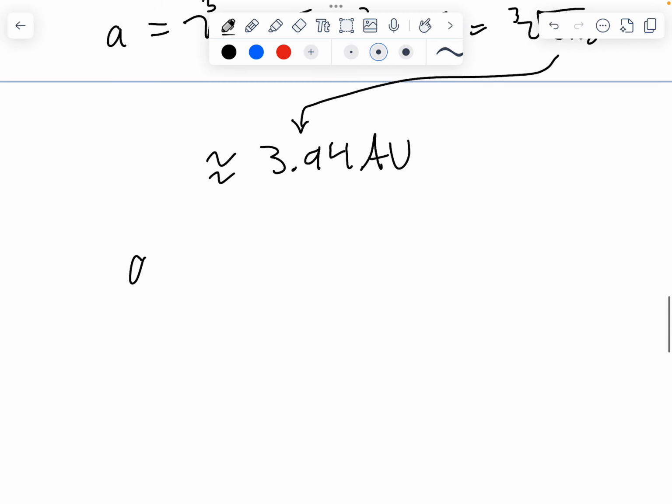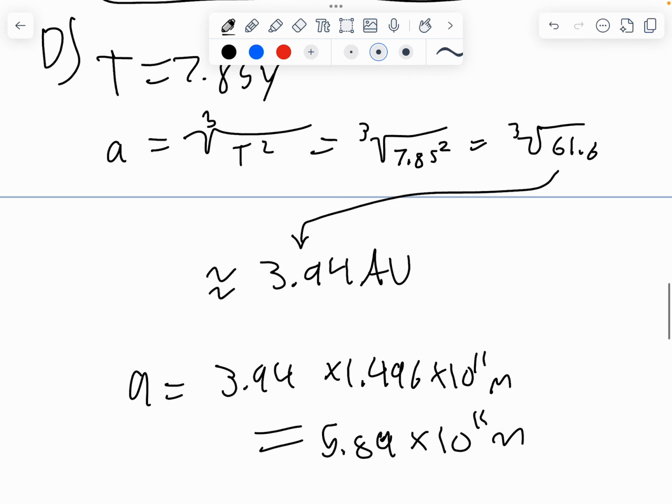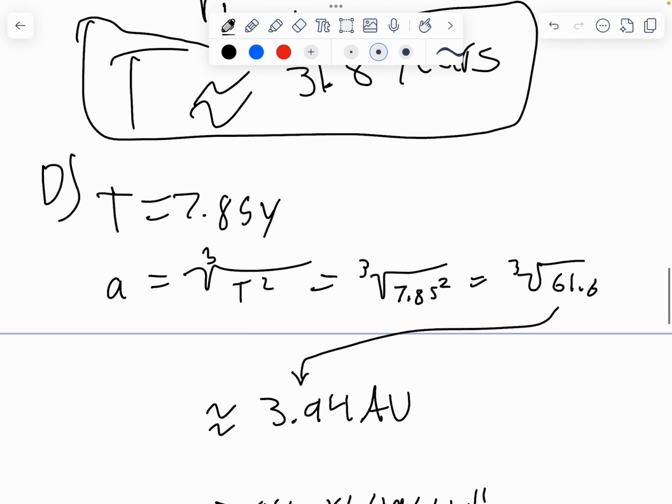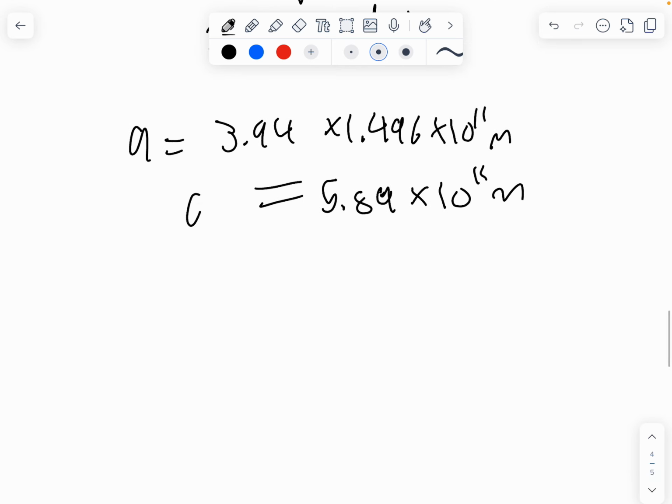Then you're going to convert to meters. So 3.94 times 1.496 times 10 to the 11th power m would equal 5.89 times 10 to the 11th power m. Here we use Kepler's law again, simply switched from T to A, which A would be the semi-major axis.